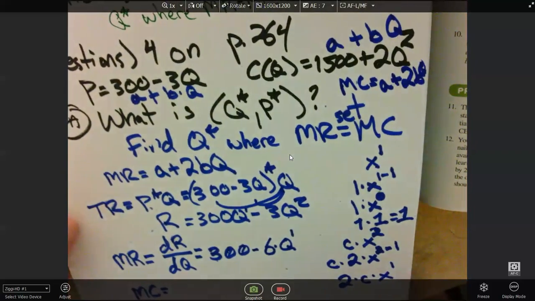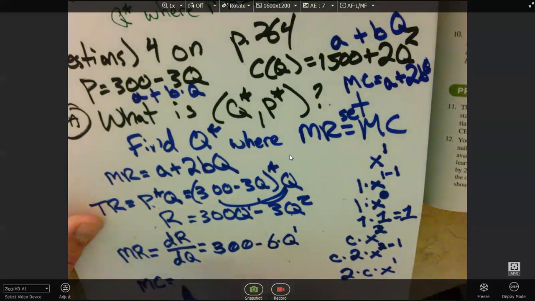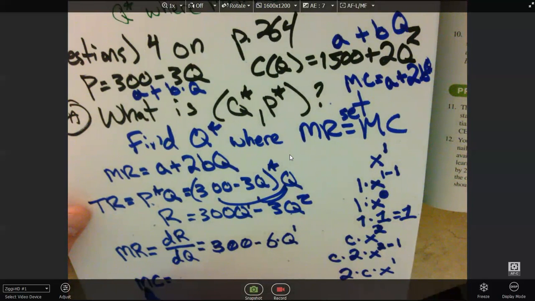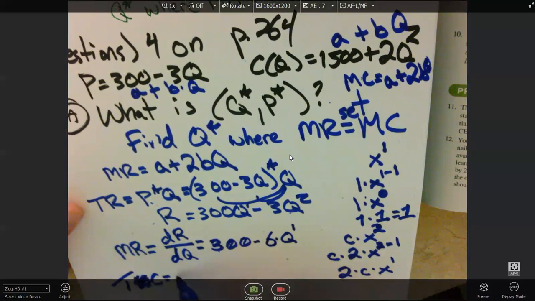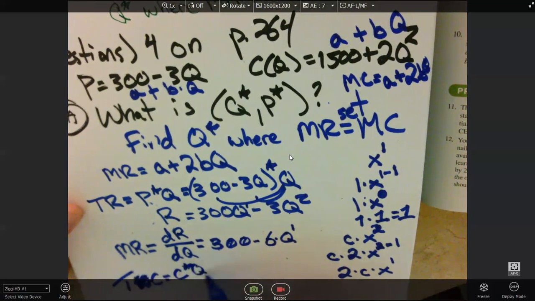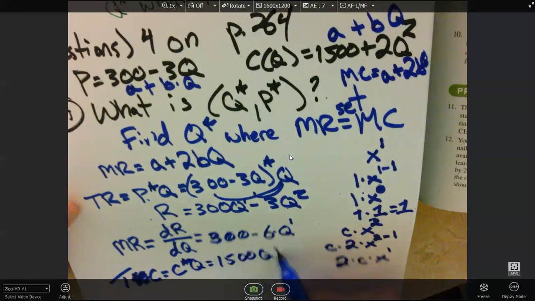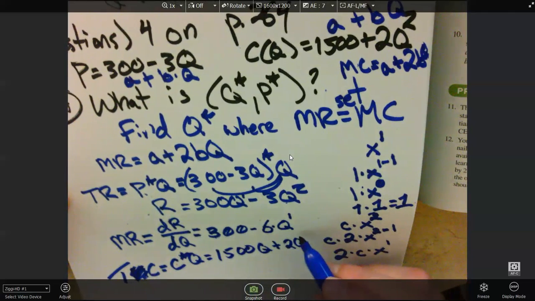You can do that shortcut. So this ends up being 1500 plus 2Q squared.